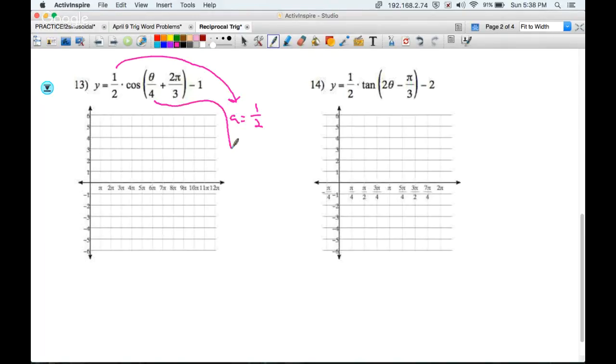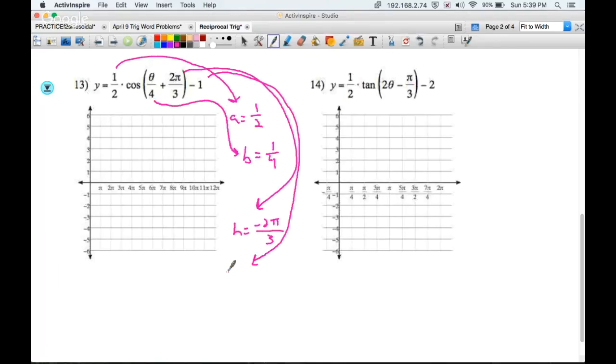This theta divided by 4, well, I could rewrite that slightly as 1/4 times theta, giving me a b value of 1/4. My h value, I've got to flip the sign to get negative 2 pi over 3. And my k value equals -1.